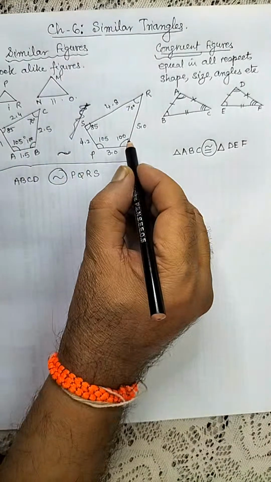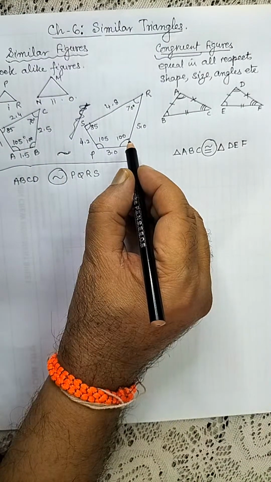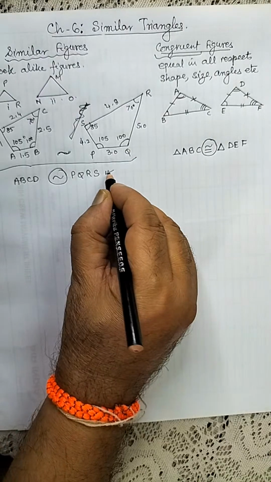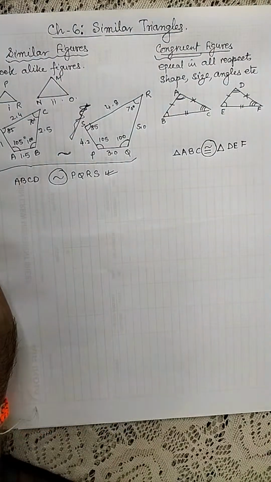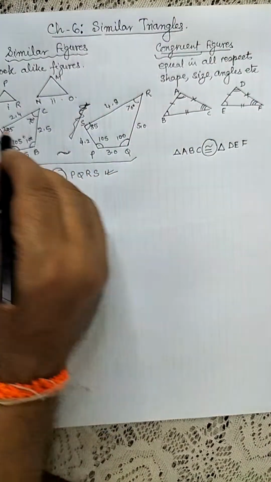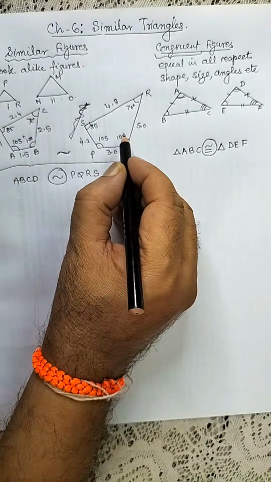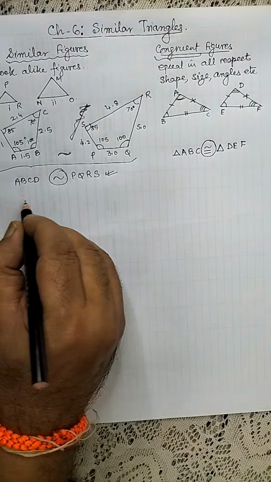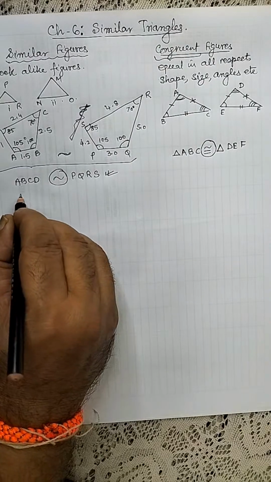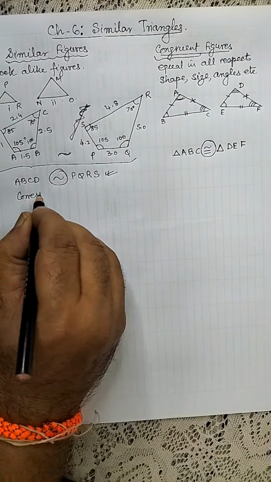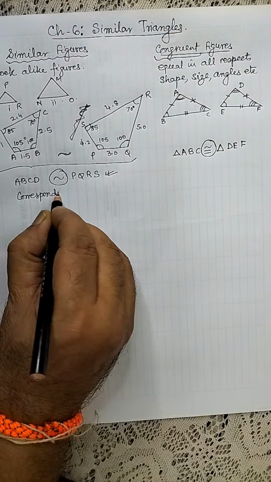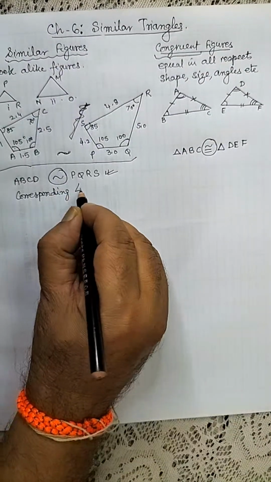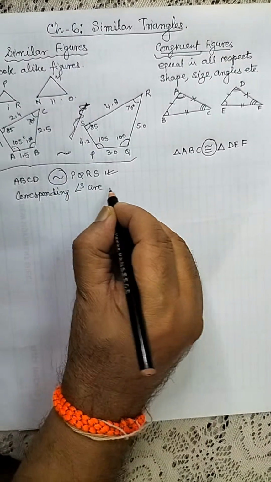These both are similar figures. First point: they are similar. Now we see that corresponding angles are equal, right? So the second outcome is that in similar figures, corresponding angles are equal.